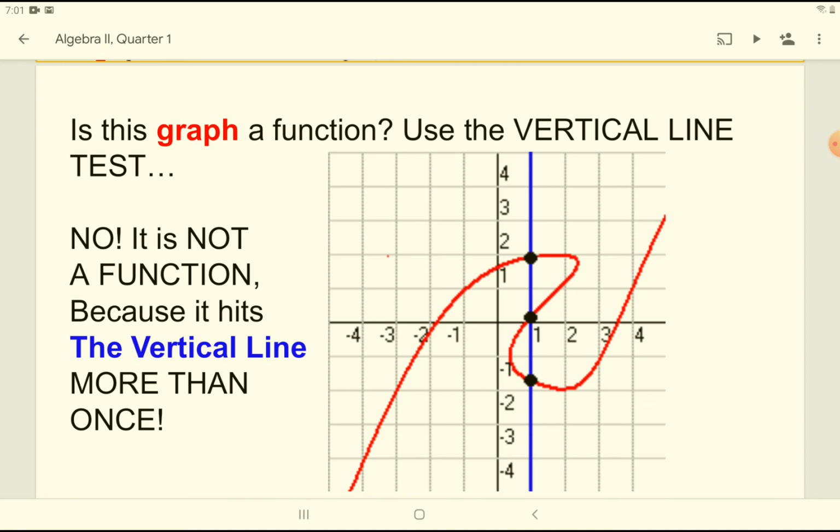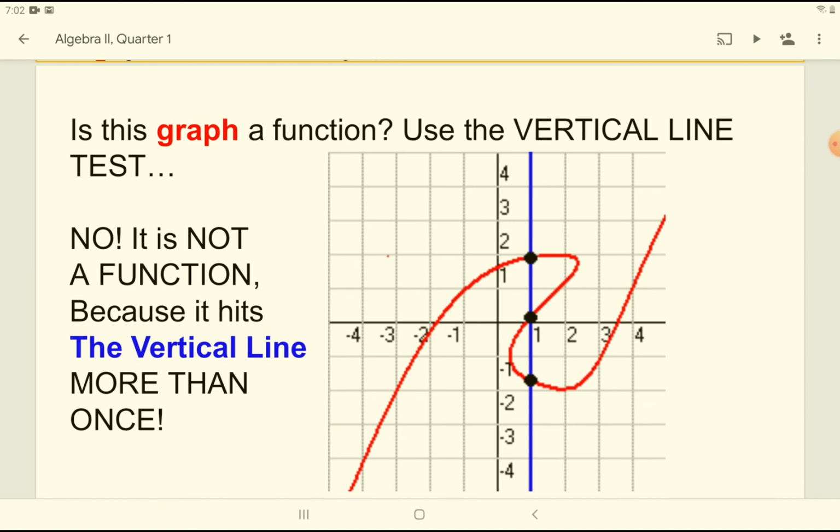Once we pass 0 going to the right, the graph hits the vertical line 3 times. And then it's still 3 times. So even if it fails at any point, it fails completely.